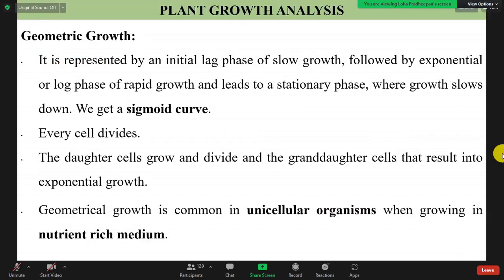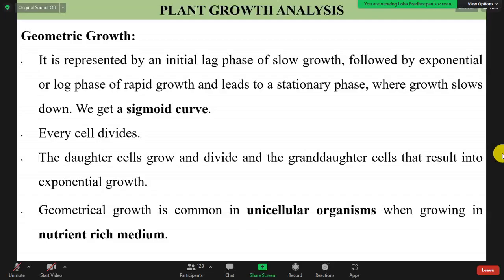Geometric growth is represented by the initial lag phase, which is slow growth, followed by the exponential phase of rapid growth, and the linear growth, the stationary growth, and then again declining growth. So how the plant shows its growth performance can be explained by geometric growth.